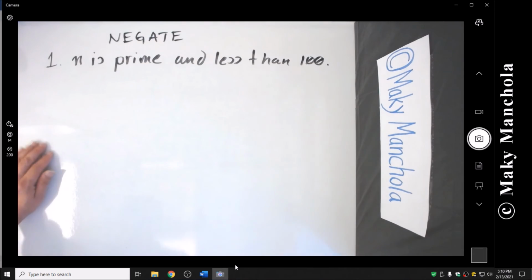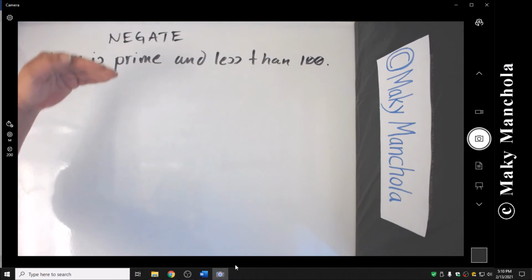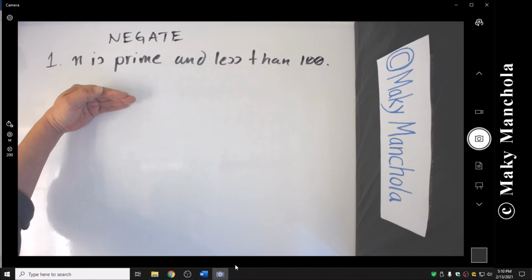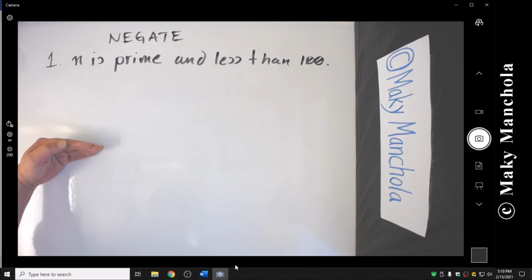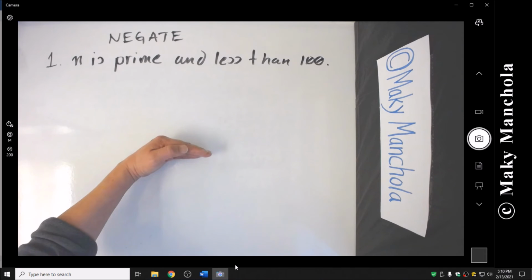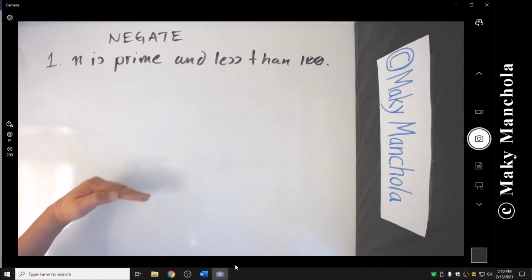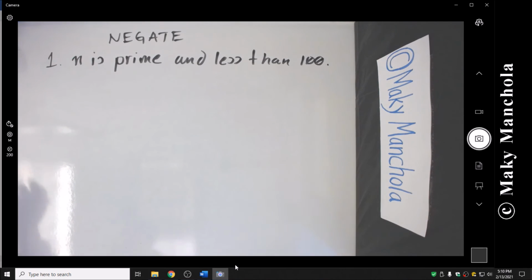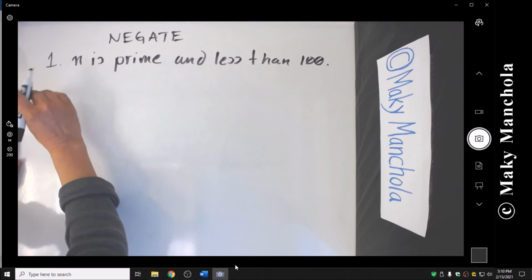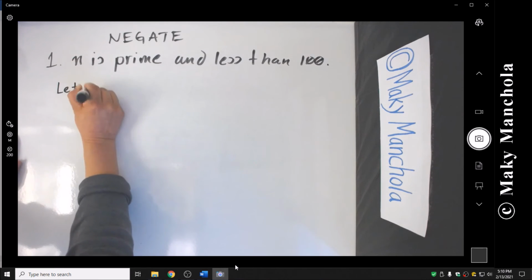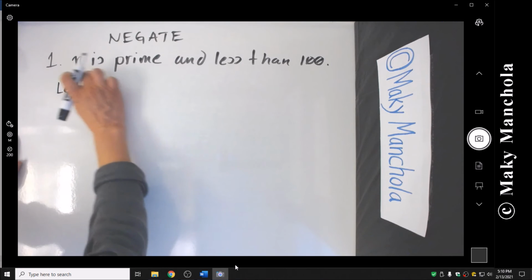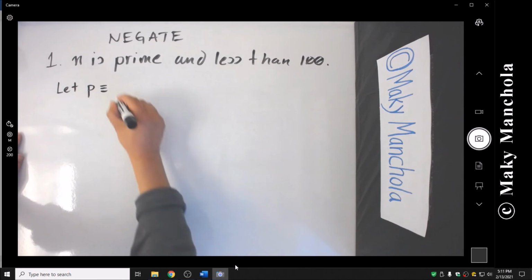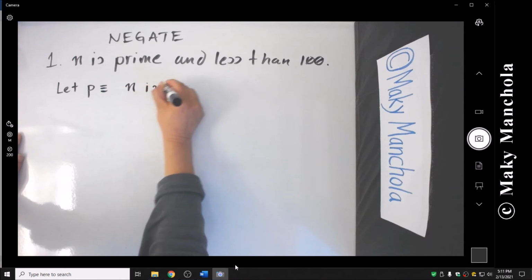Our technique is the following. We're going to convert this into symbolic form. We will negate the symbolic form, use the corresponding DeMorgan's law to obtain an equivalent expression, and then convert it back into a verbal sentence. Okay, so let P be logically equivalent to the first component, n is prime.